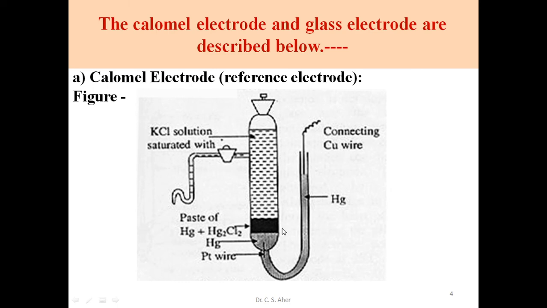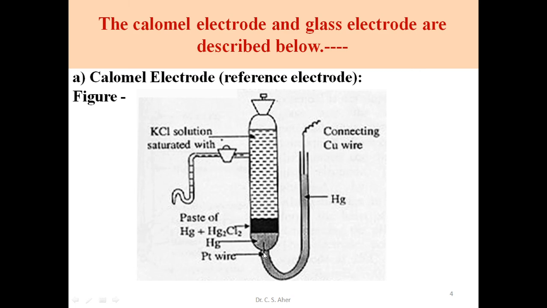In this figure we have the structure of the calomel electrode. This is a glass assembly, and from the bottom side we consider this platinum wire. The platinum wire has the connection with mercury, and it is connected to the external wire, that is a copper wire.